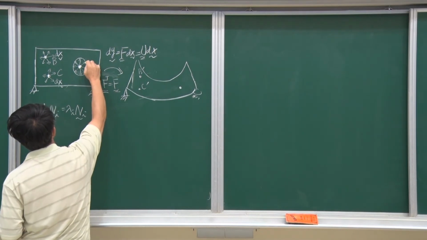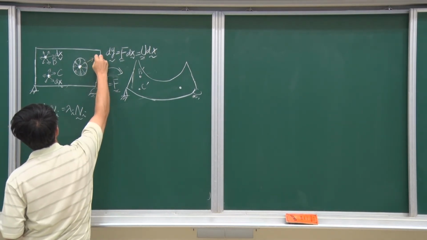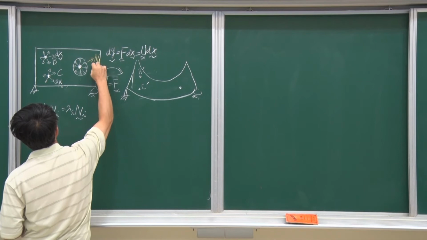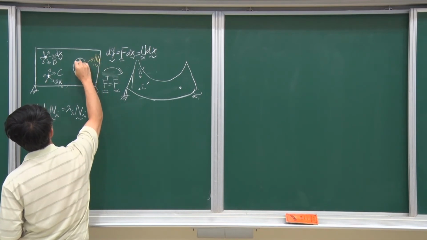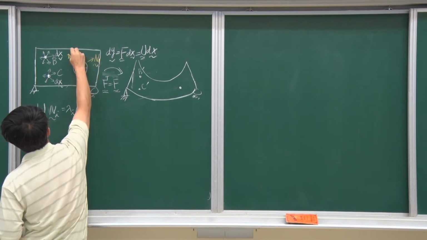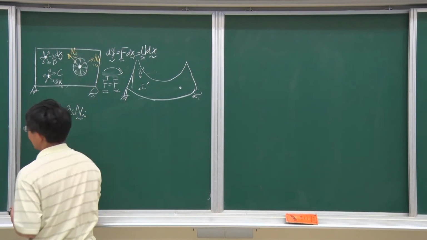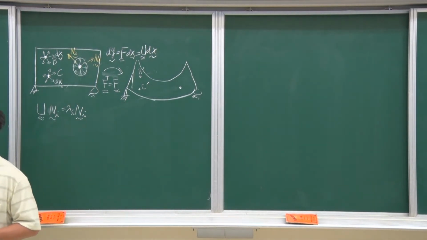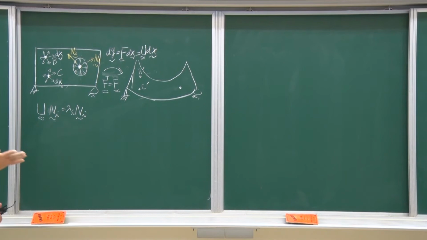I choose 2 material points. Okay, assume that the eigenvectors are located in these 2 directions.